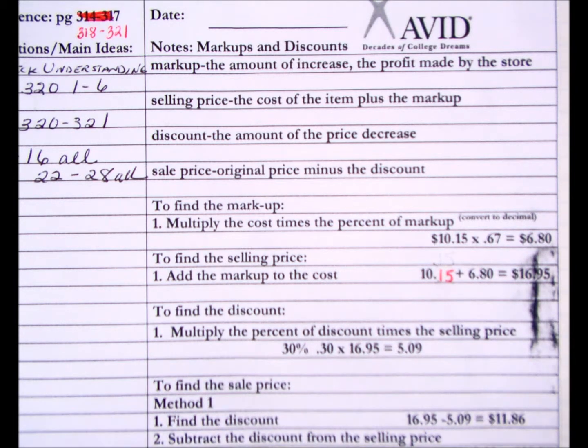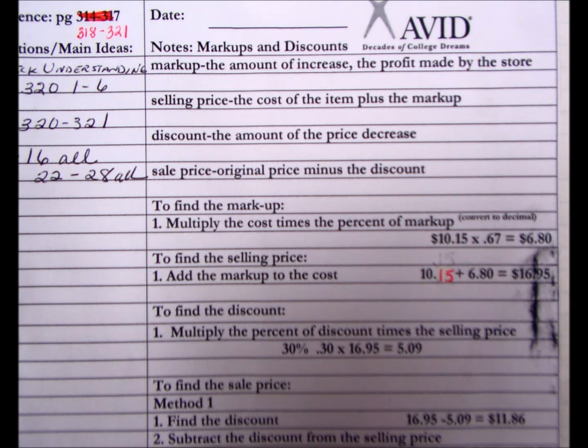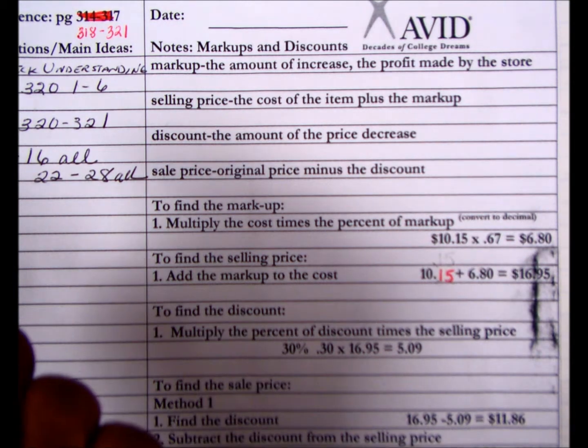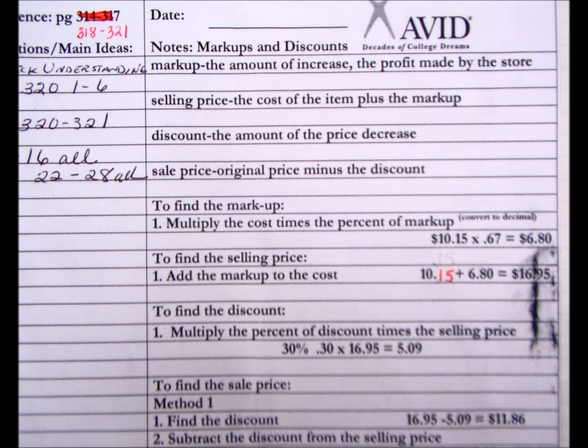So the most important thing to remember when you're doing this is to watch for what they're asking you for. Are they asking you for the selling price? Are they asking you for what the markup is? A lot of times on a test, they're both going to be there, because they know that sometimes students aren't paying attention to what they're being asked, so make sure you pay attention.